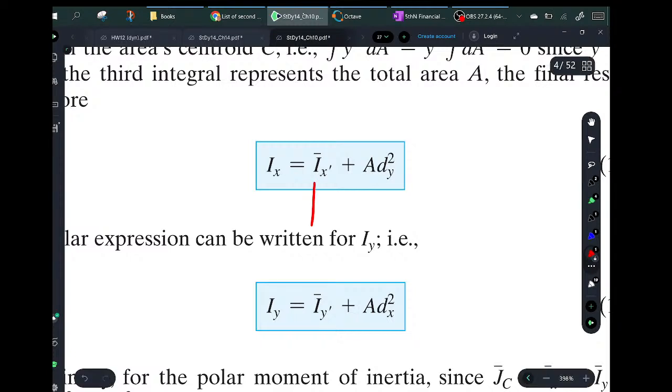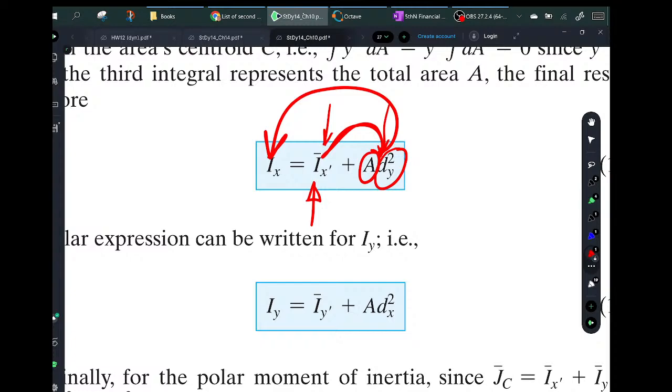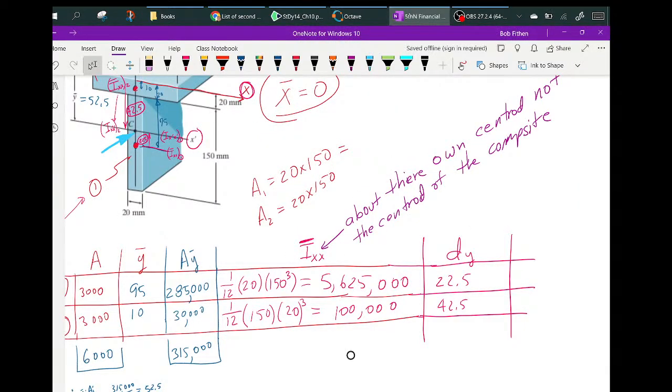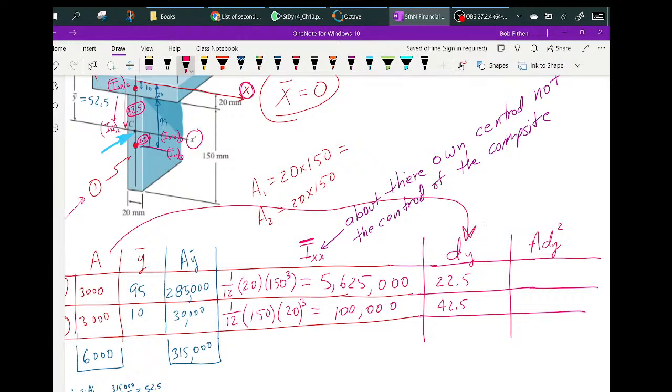Okay, so I take the value at its centroid, I move it away, so I have to square it, and then I have to multiply times area, and then I have to add these two to get that one. So let's see, how do we do that? Oops, wait a minute. Area dy squared. So take the area, multiply times that squared, and put it in that column.